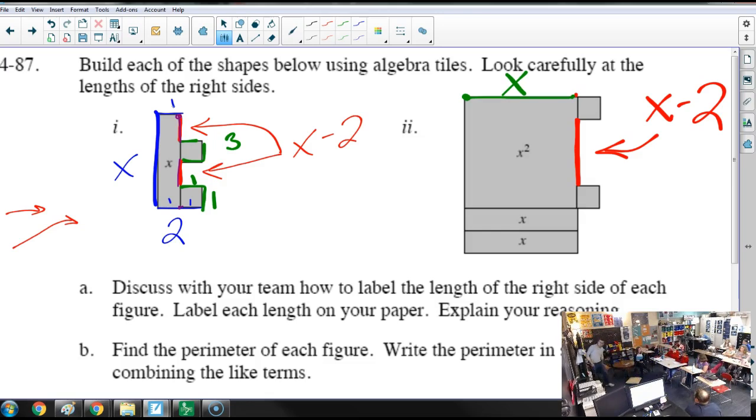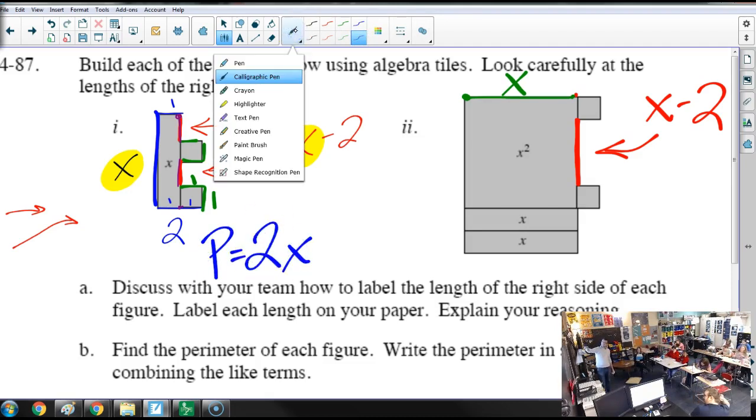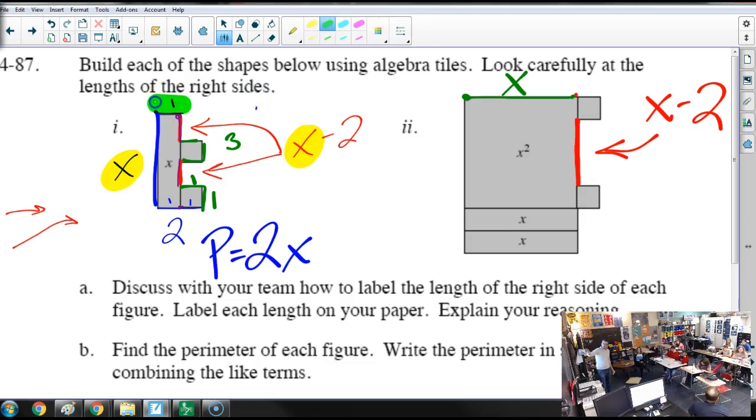So if we walk around the shape and gather up like terms, I got an x here. I got an x here. Any other x's? No. So how many x's do we have? 2x. Then get our constants. Again, I'm not talking to everybody here.